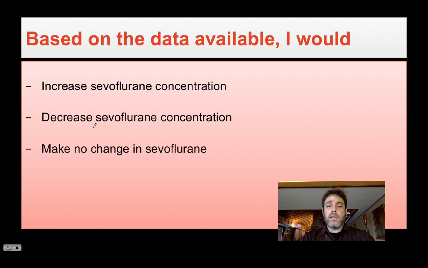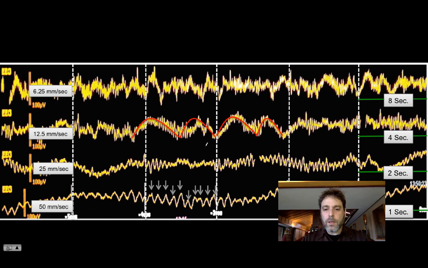So based on the data available, which of these would you do? I think it's fair to say that I've given you enough information to say that you don't necessarily need to make any change. So let's look. This is the same EEG, but blown up and analyzed.